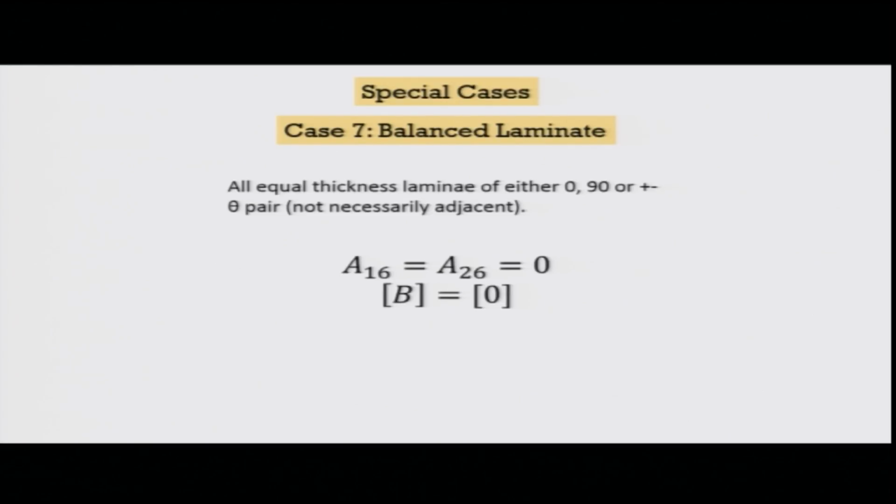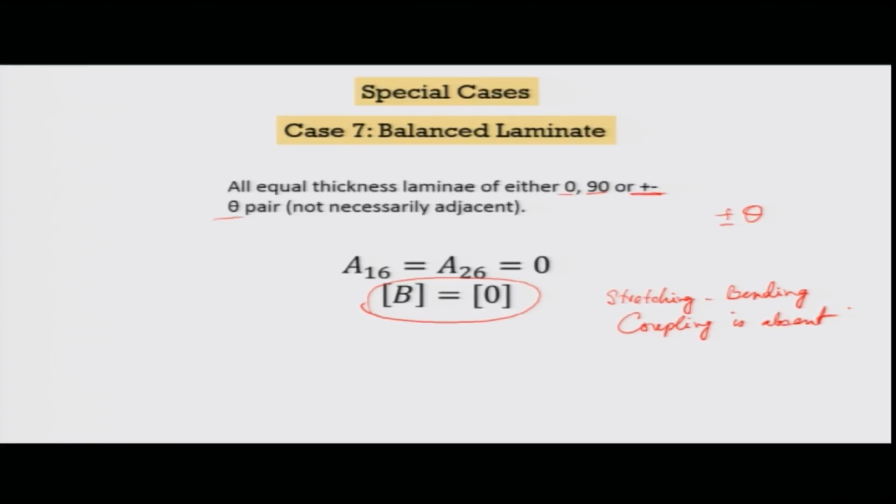There is another very special case, which is known as the balanced laminate. In the balanced laminate, it should be all equal thickness laminae of either 0, 90 or a plus minus theta pair. So, in the ply angles you should have either 0 degree plies or 90 degree plies, or you should have plus and minus theta. In this case, what you will see is that the B matrix is 0. B matrix 0 means the stretching-bending coupling is absent.